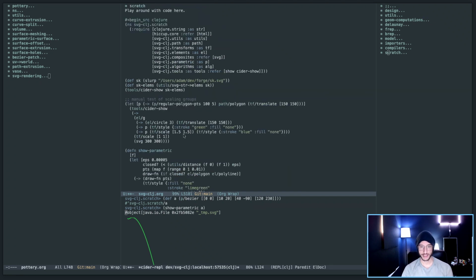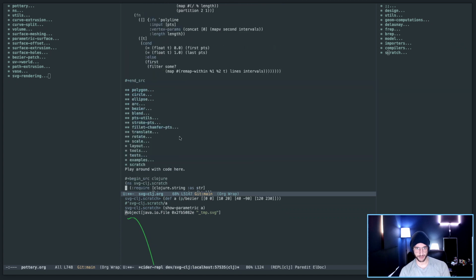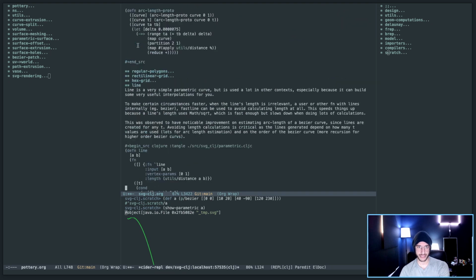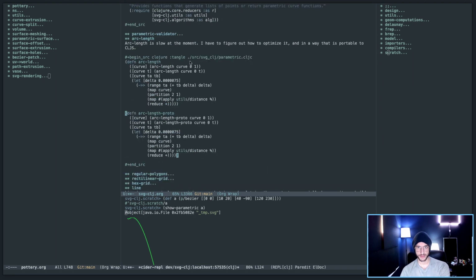Okay, so that is pretty good. I'm gonna be happy with that for the time being. Let's go back into this namespace here.